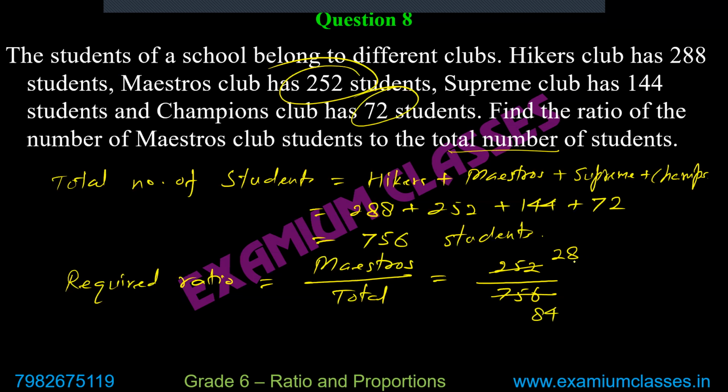Then again both are divisible by 7. 7 4s are 28 and 7 12s are 84. Then again 4 1s are 4, 4 3s are 12, so it simplifies to 1 by 3, that is 1 is to 3. That is the answer. 1 is to 3, Maestros to total number of students.